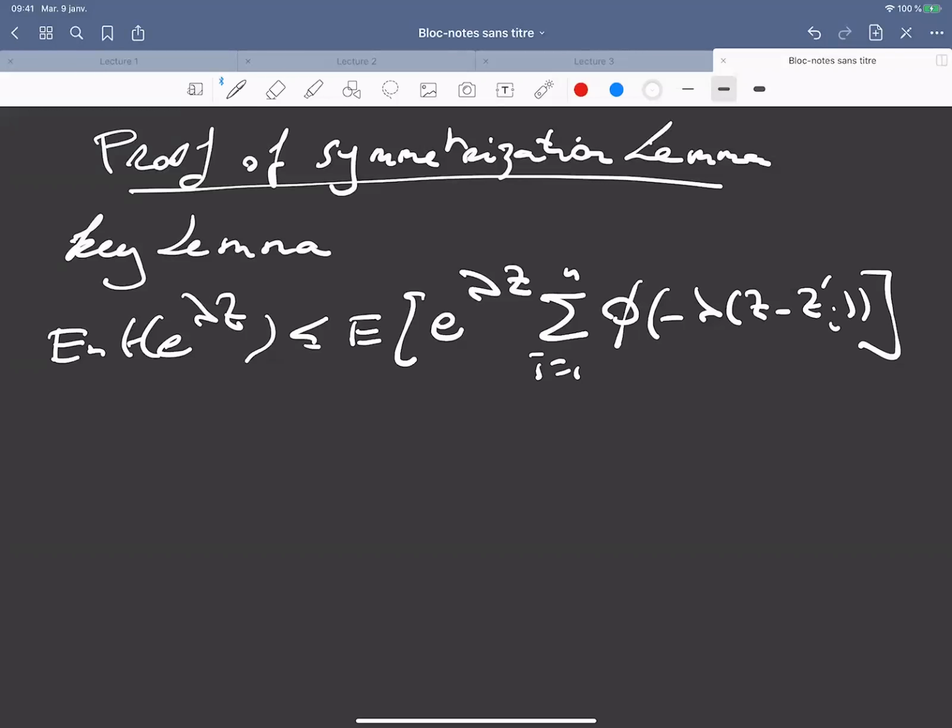Okay? So this is always true that you can use the key lemma for the variables Z prime I.